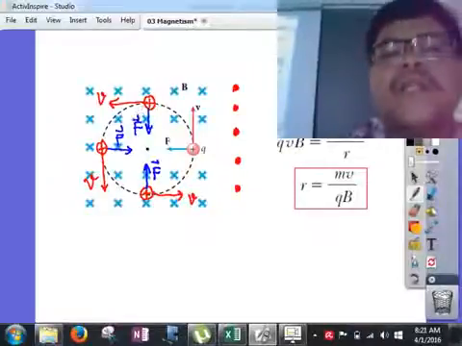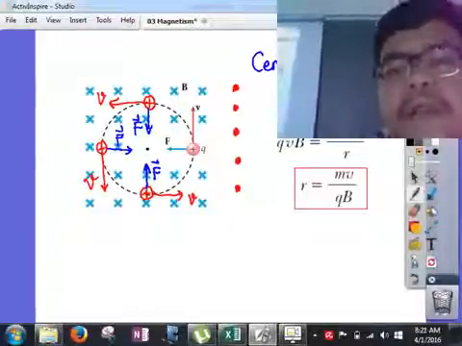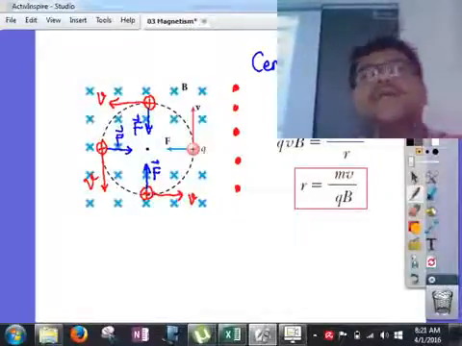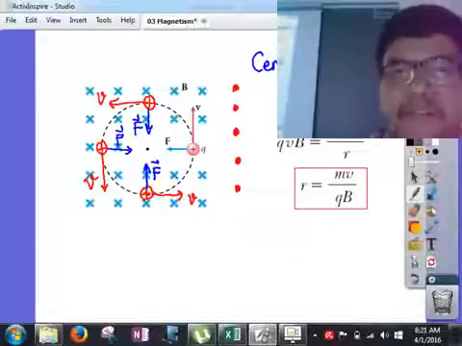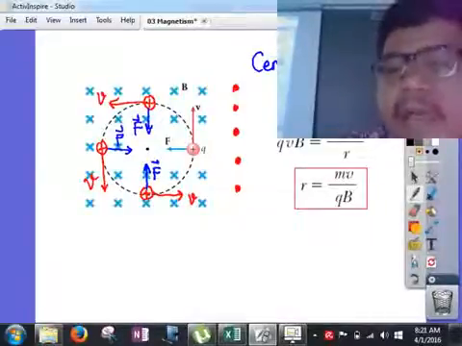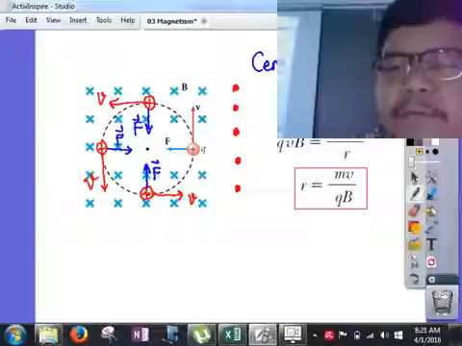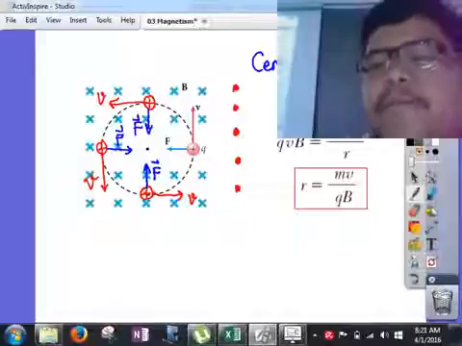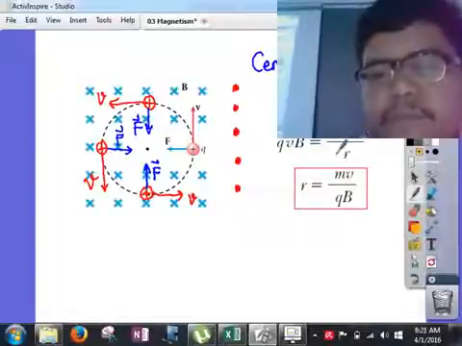So what do we get here? We get what is called centripetal force. A force that is making an object move in a circular path. Here the magnetic field acts as centripetal force. As you know, the magnetic force is QVB, equal to centripetal force mv squared over R. Pas centripetal force itu FC itu.